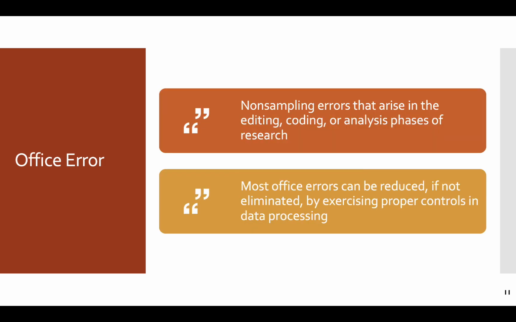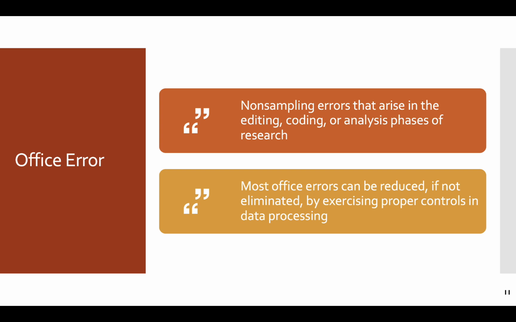Now, office error is just those things that happen. Maybe you're editing the information, working in your Excel spreadsheet, and you code the answers wrong. You need to really make sure that everything is buttoned up before you press go. But we are human beings. This happens all of the time when you're manipulating data.